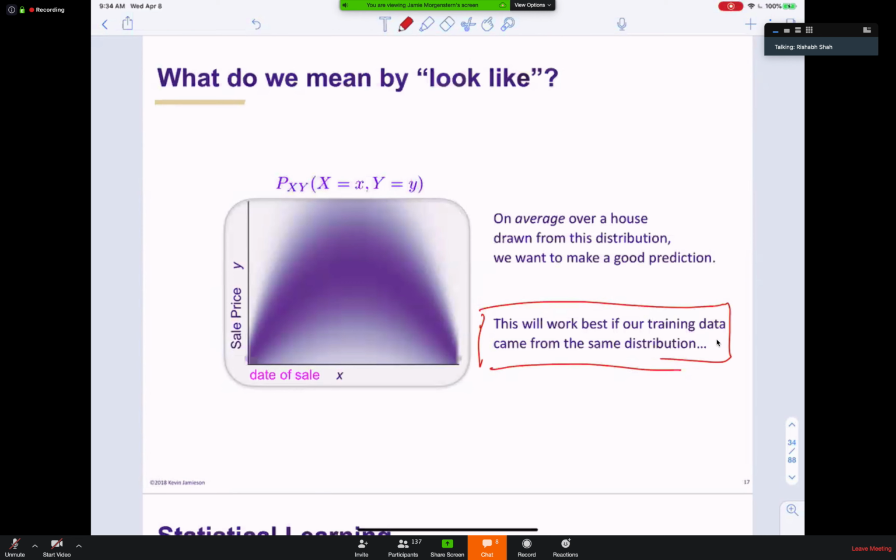Why is the point cloud so dense? I didn't really mention why this point cloud has density in some places and not in others. Let's just assume that there is some correlation between date of sale and sale price. The correlation will generally look like some density in this space as opposed to a uniform spread across the entire thing. Okay, all right. Thanks.